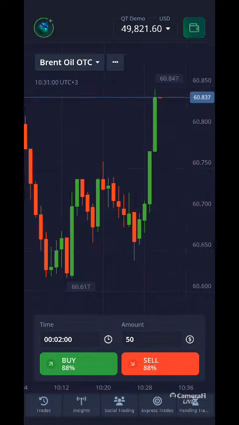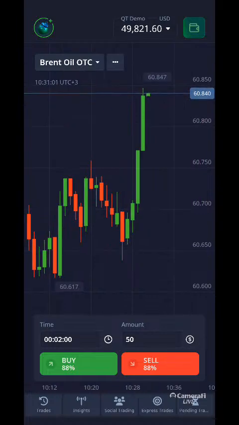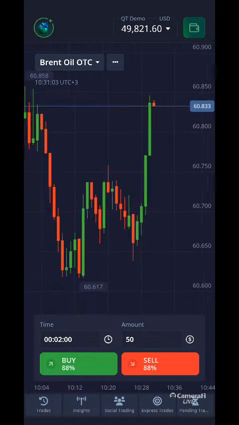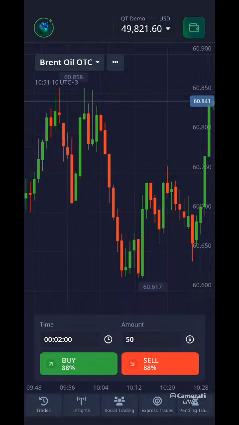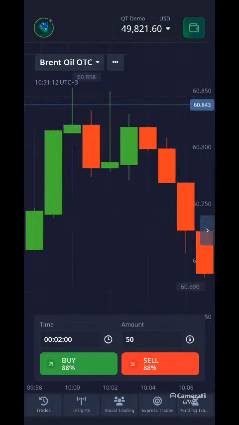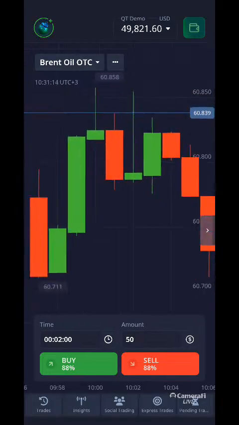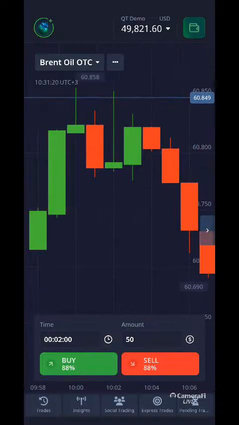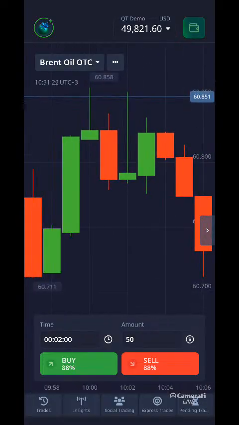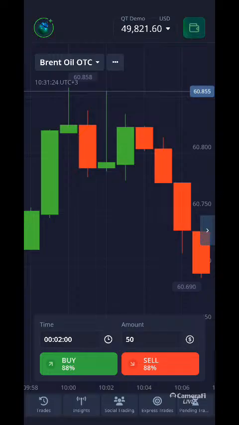If you have been following me, you already know what a black box is. A black box is just 3 candles consolidation in a row, right? So this one is a black box right here. This one up there, this bearish candle, this doji gravestone, and then this bullish candle.